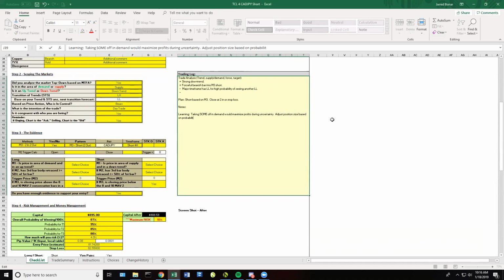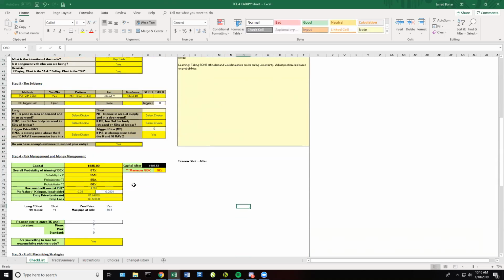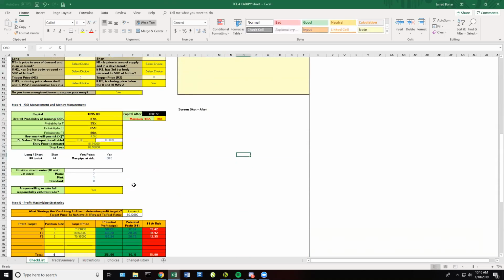You have a 5% probability you may lose compared to a 15% probability that you may lose. If you do the math correctly, say for example, the T3 target point is at 81.24.